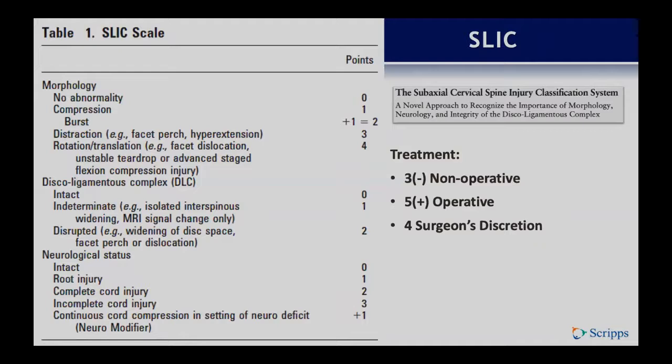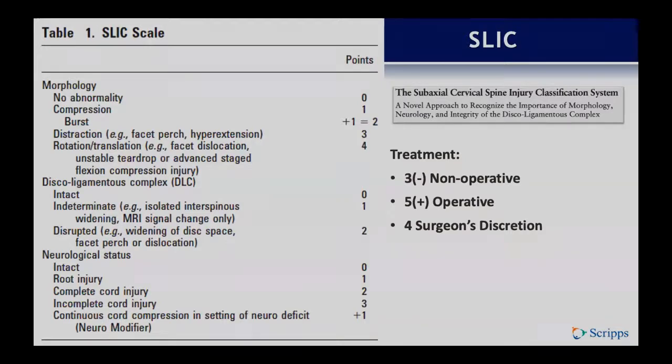Combining these, they found that with 3 or fewer points, these patients were recommended to be treated non-operatively, with 5 or greater operative treatment was indicated, and 4 was the surgeon's preference. We'll talk a little later about further studies looking at this, which found these treatment recommendations were pretty good going forward, but getting a little more into the injury morphology.